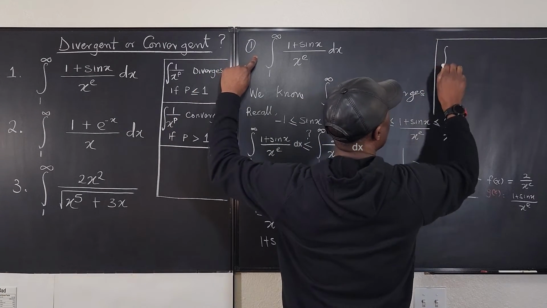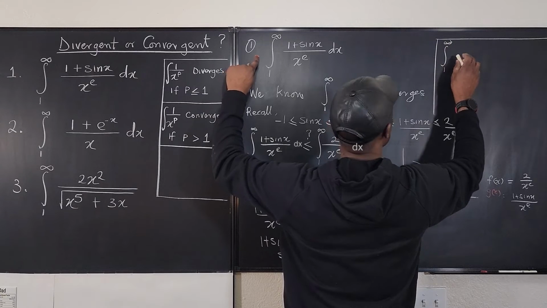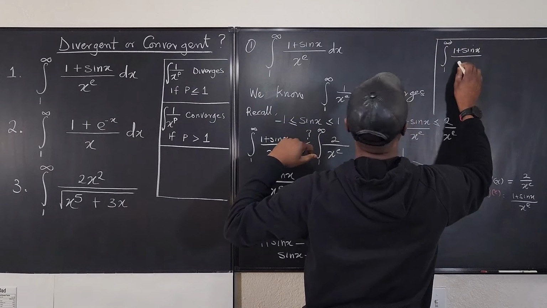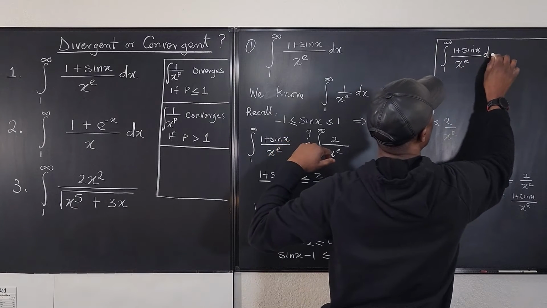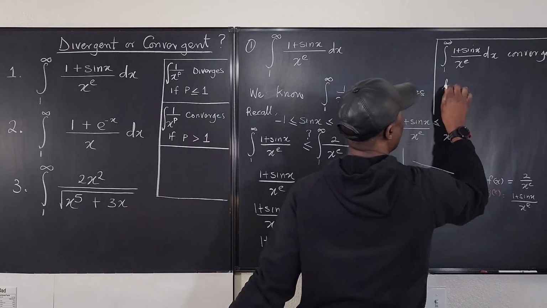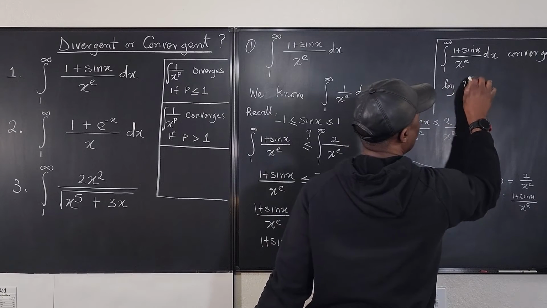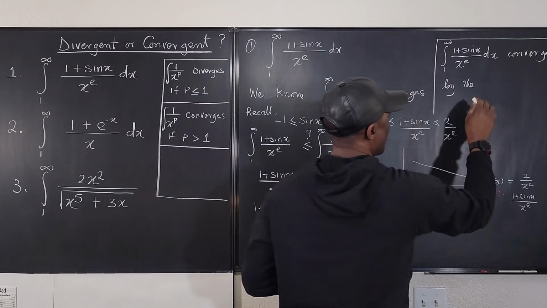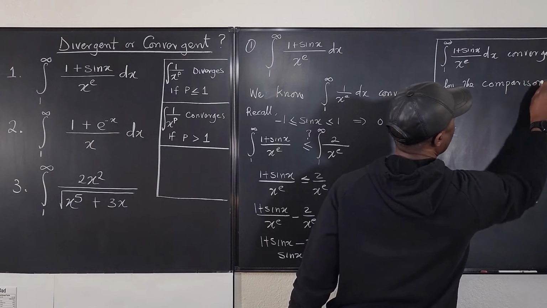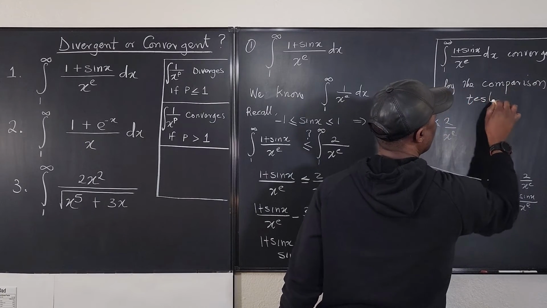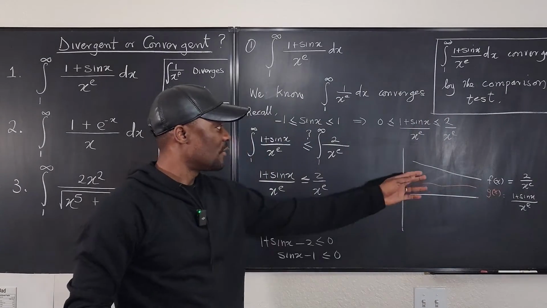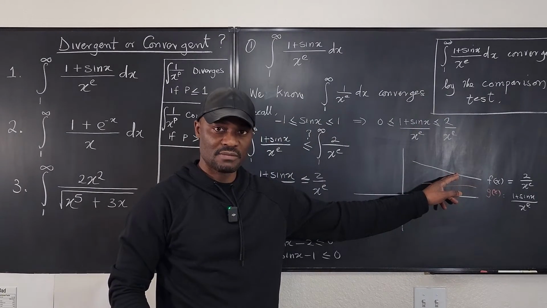The integral of 1 plus sine x over x to the e dx converges by the comparison test. And that's it. Because you've compared it to something you know converges.